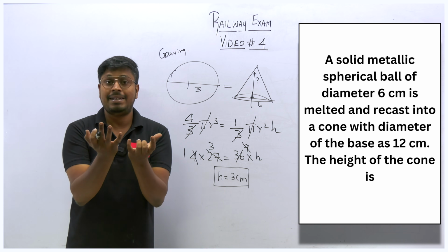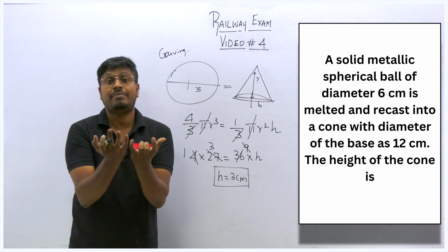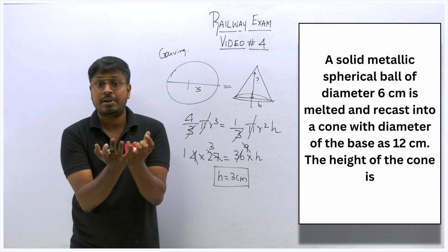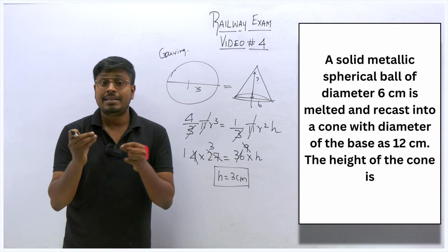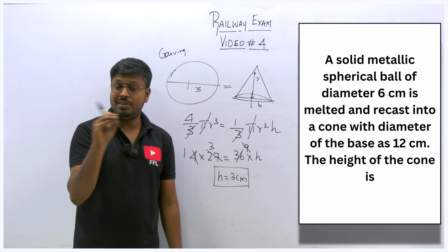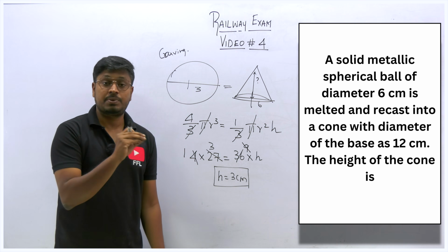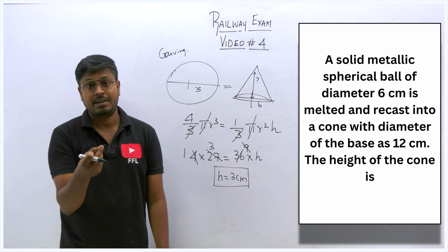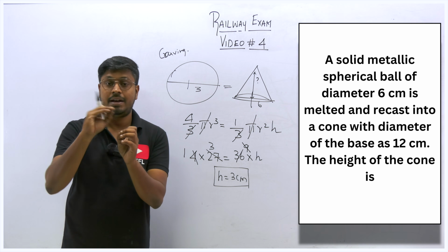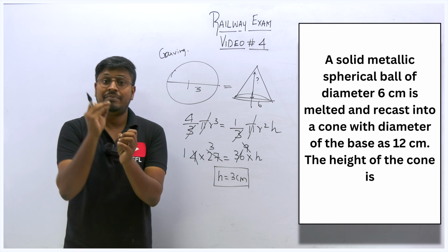So instead of melting, they use the word carving. They carve a spherical ball to make a cone. So in wood-based things, they use the word carving. Whatever it be, we usually equate it, but some carving questions will be different because it is based on wood. You cannot melt and make it as a cone because we have to carve the wood. Some wastage will be there.